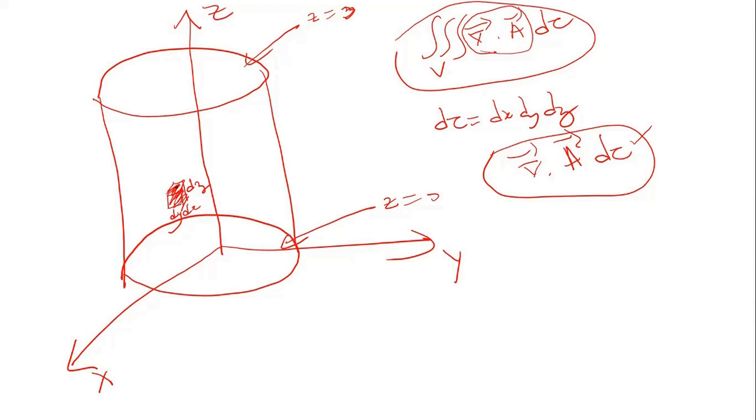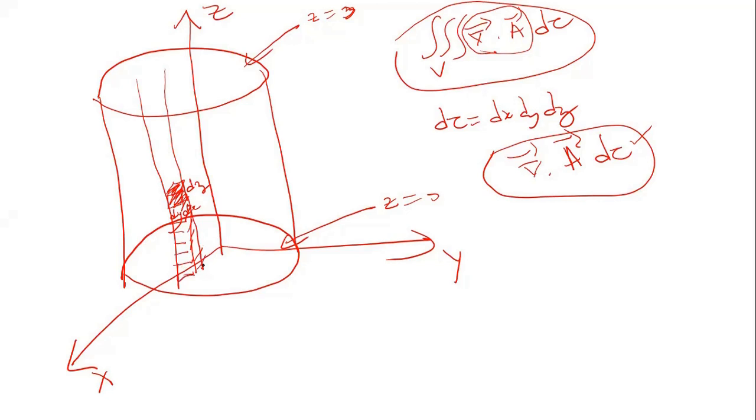Now, when we are performing volume integration, we have to sum over the whole volume which is within this cylinder. So our first objective is to sum along the z-axis. Assume that there is another infinitesimal small volume like that.